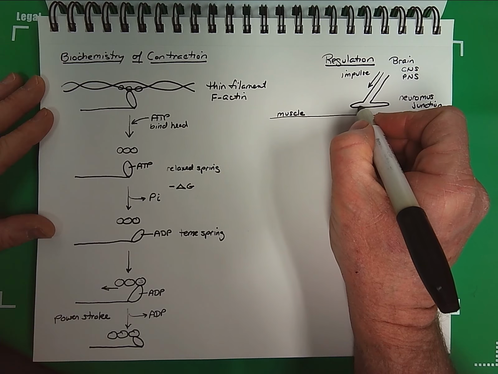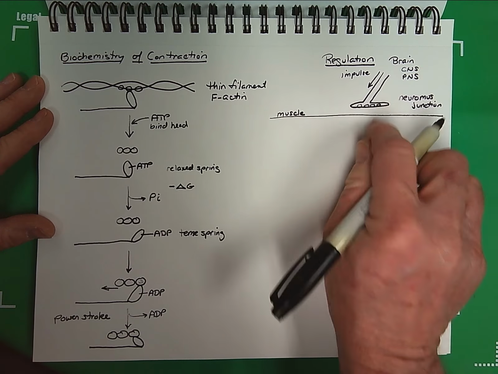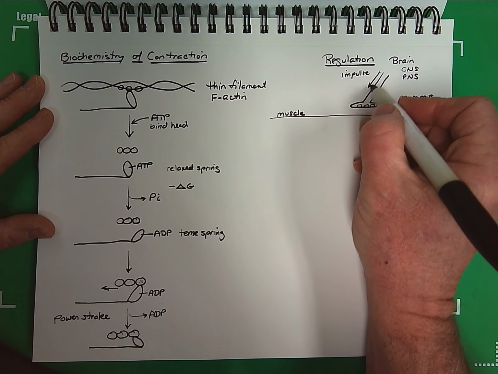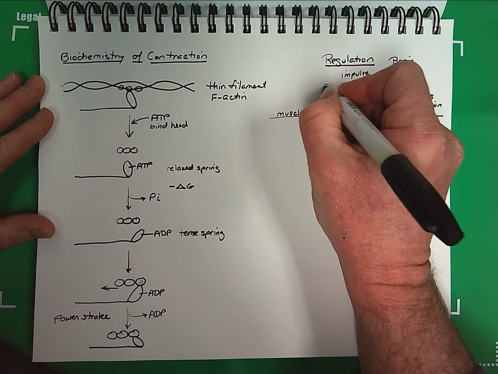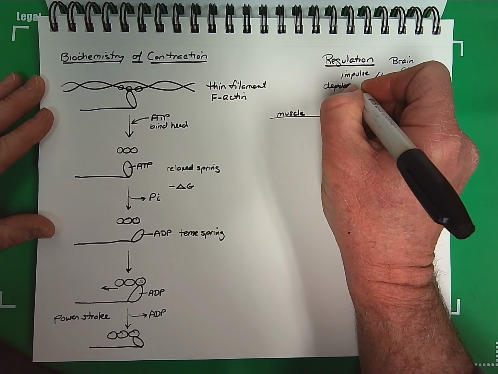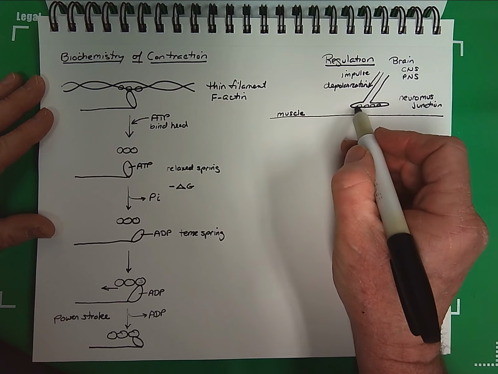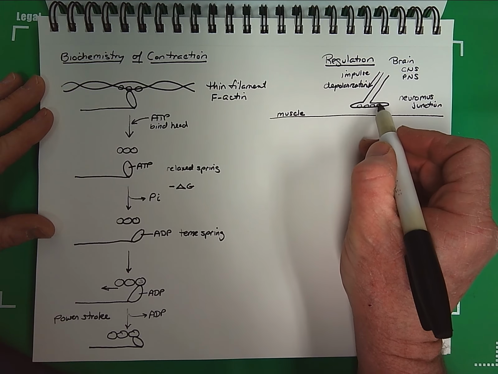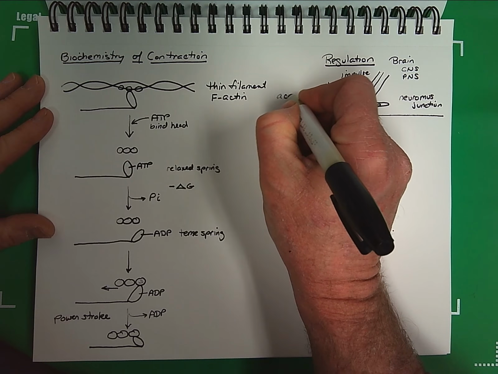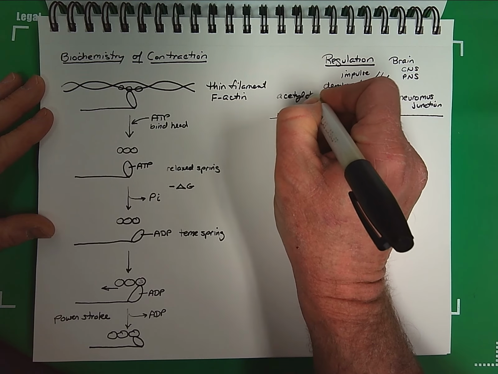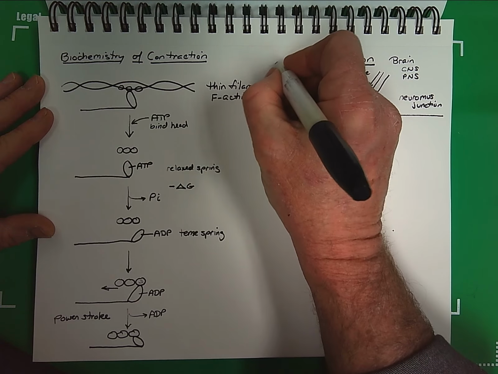It interacts in a way that acetylcholine is released from the nerve terminus due to this impulse. So this electrical impulse, depolarization, induces these vesicles at the nerve terminus to fuse with the membrane and release acetylcholine. Acetylcholine is a neurotransmitter.